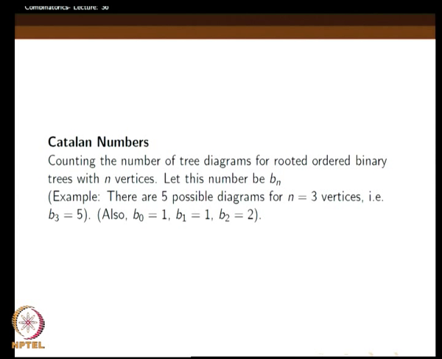If you search on the internet, you can see the listing of problems where Catalan numbers happen to be the answer to those problems, right. And you can also see Stanley's book Enumerative Combinatorics for a collection of such problems.